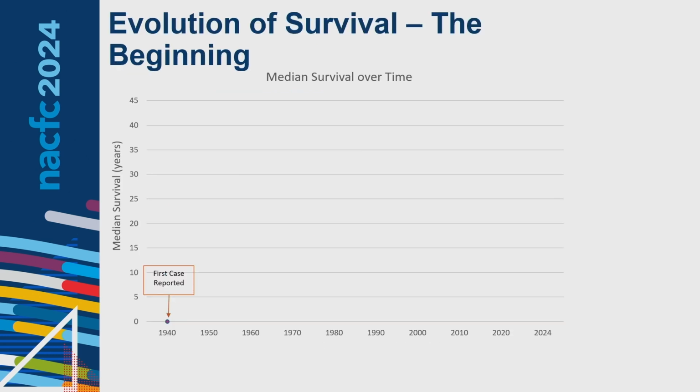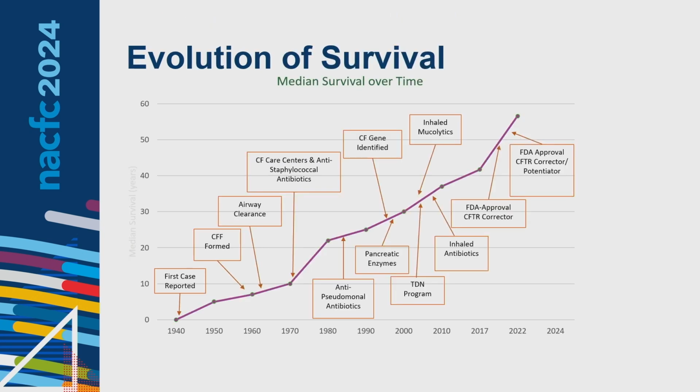When this first came to attention, again, infants were living months, perhaps a year of life when the 1940s brought this to attention. But what we found over the interim decades is that by attending to first symptoms, creating organizations around the study of cystic fibrosis, and then having more targeted therapies, mortality and morbidity has improved quite dramatically.